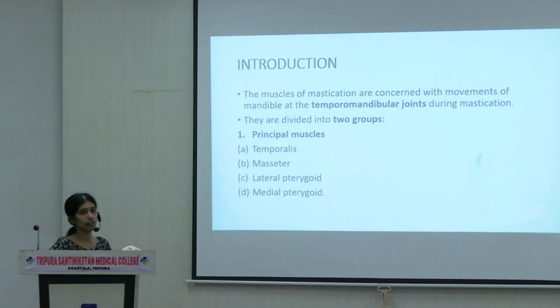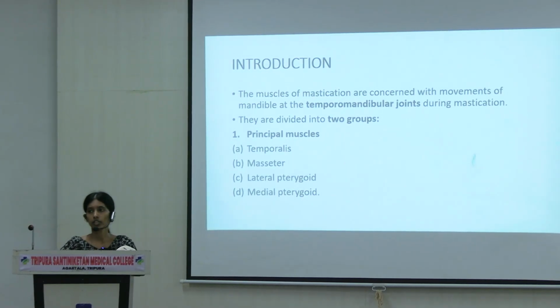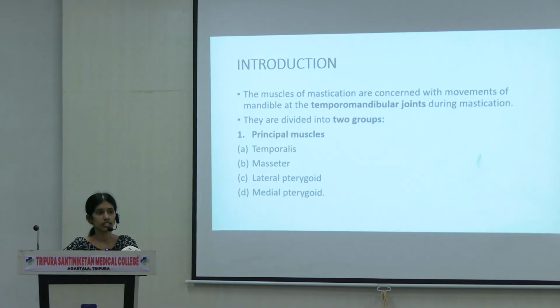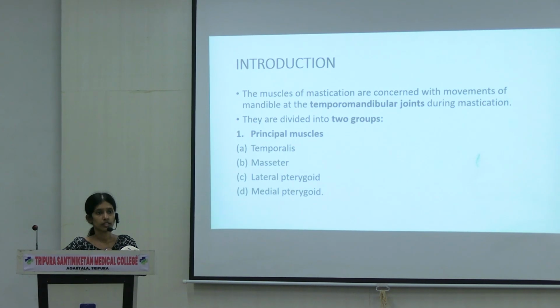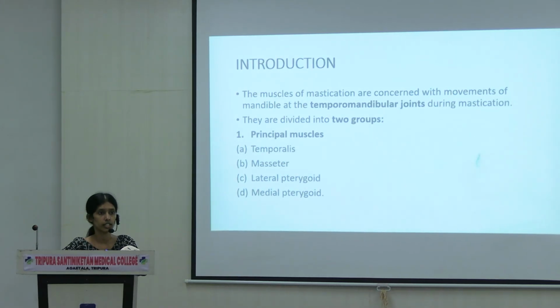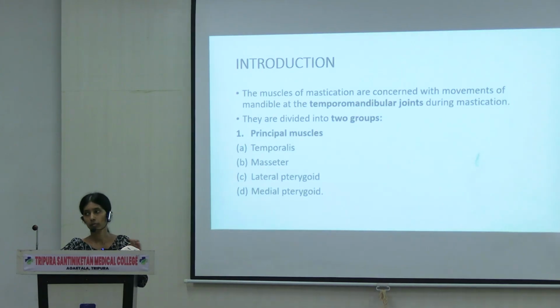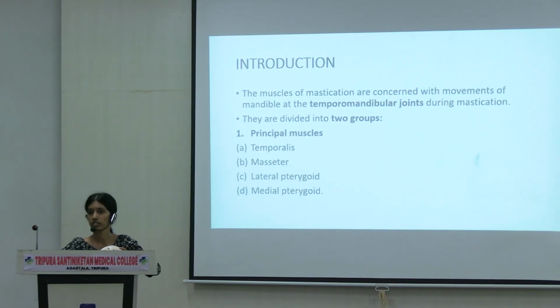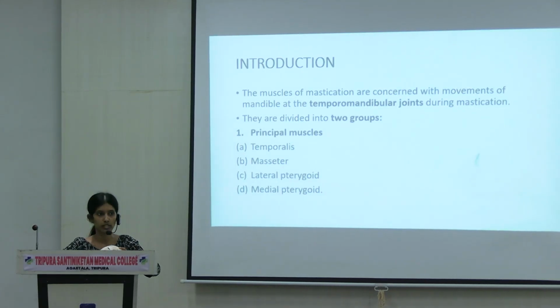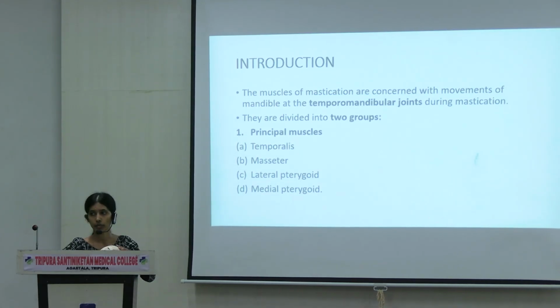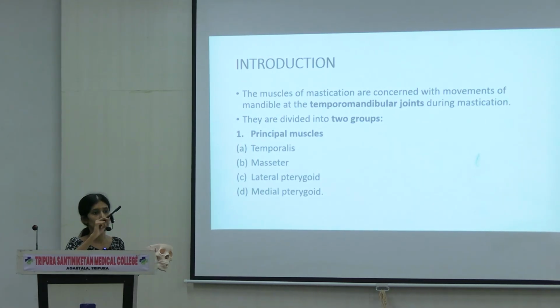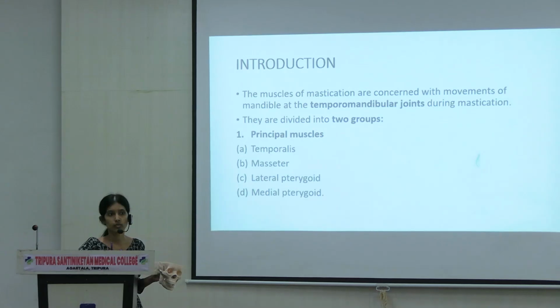So, first we have the temporalis muscle. In which region can we see the temporalis muscle? It is present in the temporal bone and also in the temporal fossa region mainly, okay. Remember this, your temporalis muscle is a fan-shaped muscle present in the temporal fossa region, and it is present below which line?